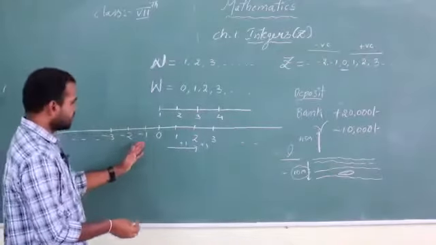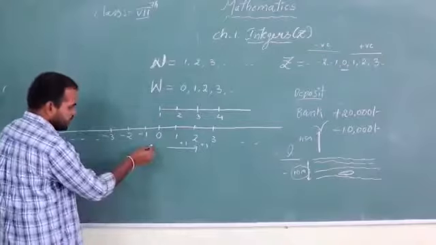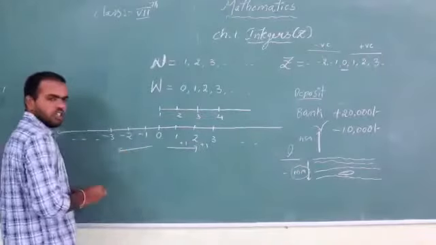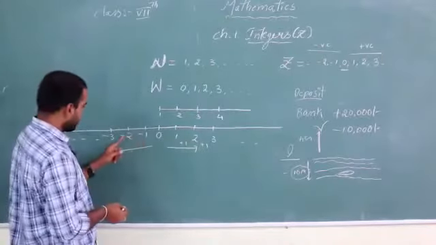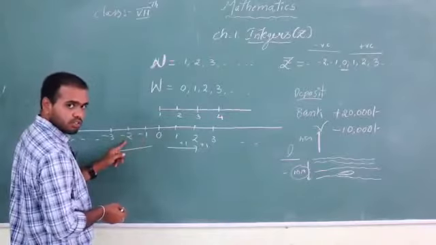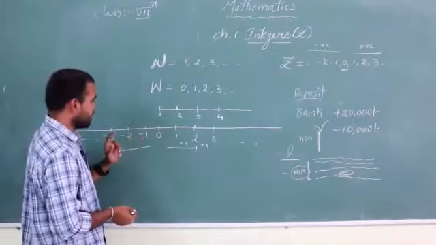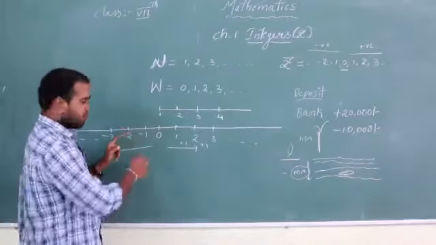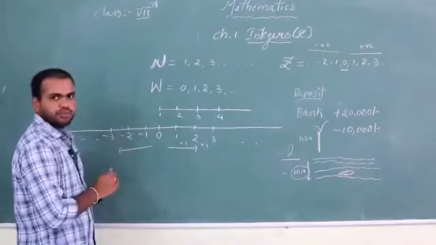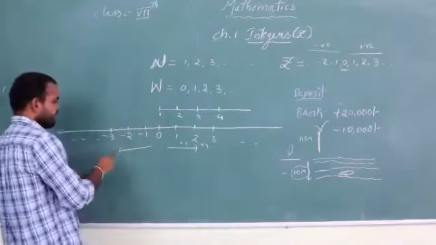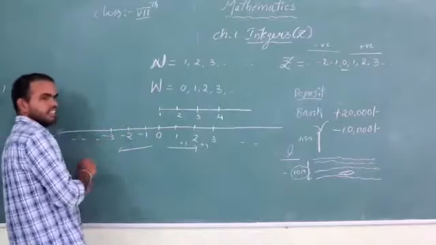What happens if we move to the left side of 0? Minus 1 is greater than minus 2, and minus 2 is greater than minus 3.